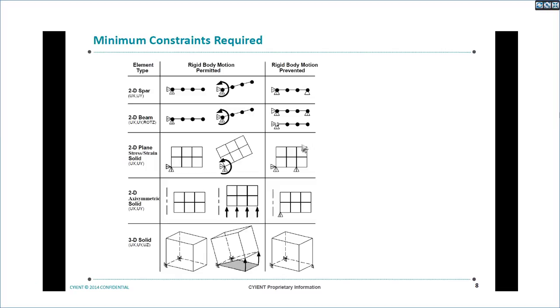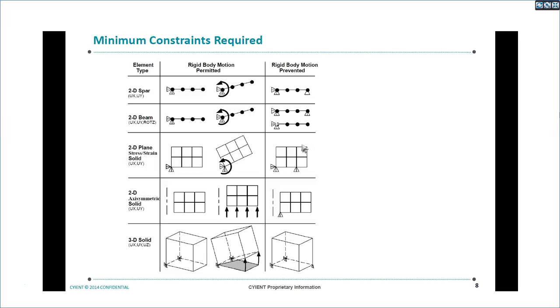Okay, it should have very minimal constraints. If you have improper constraints, either less than the minimum required, or over constraints, the results generated due to an over-constrained model are purely inaccurate, and there won't be any results generated if it is improperly constrained.